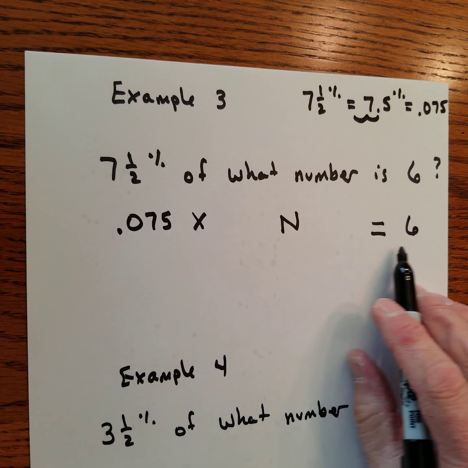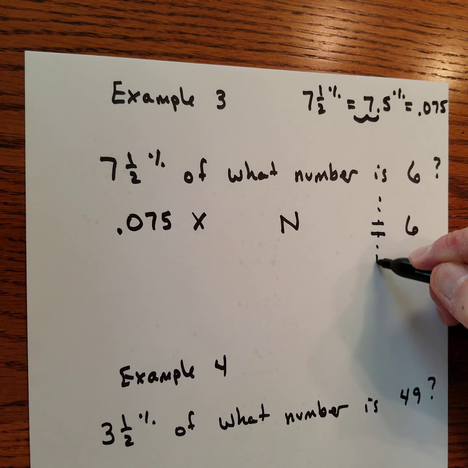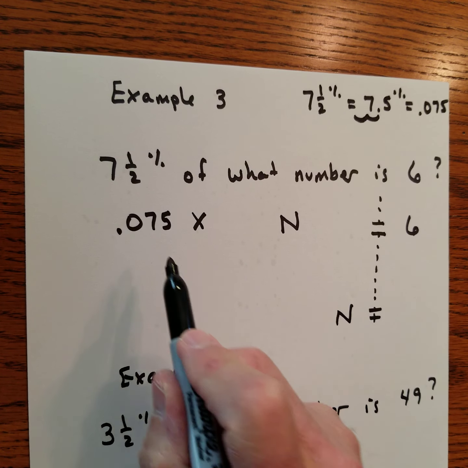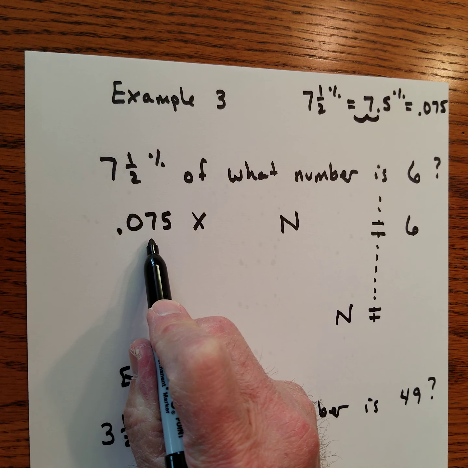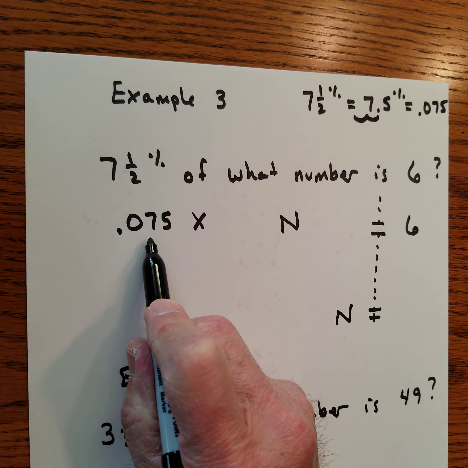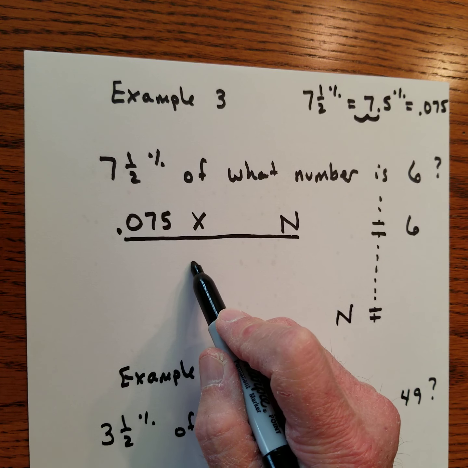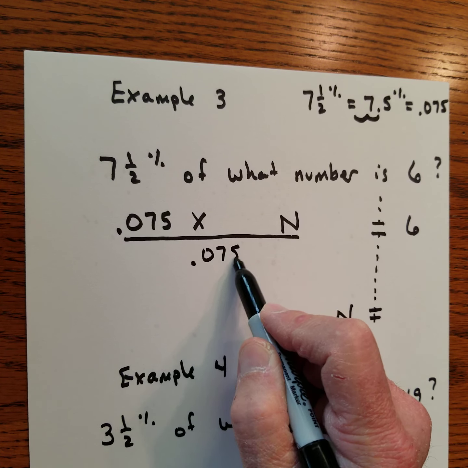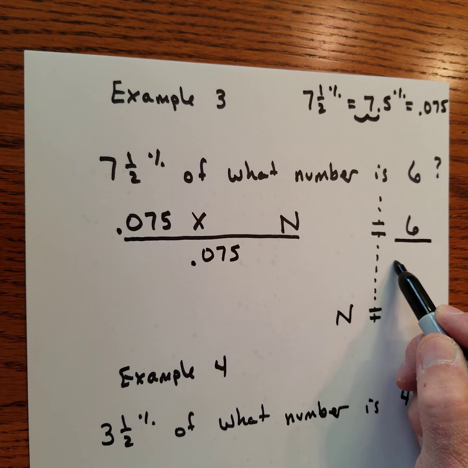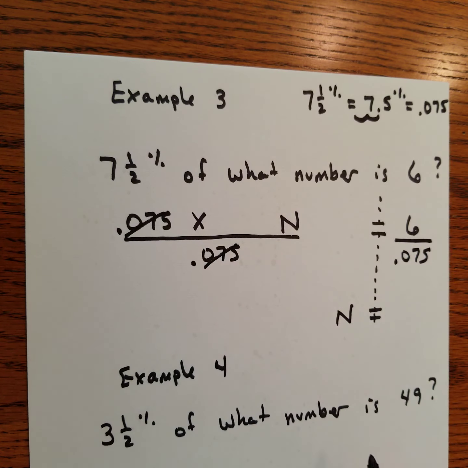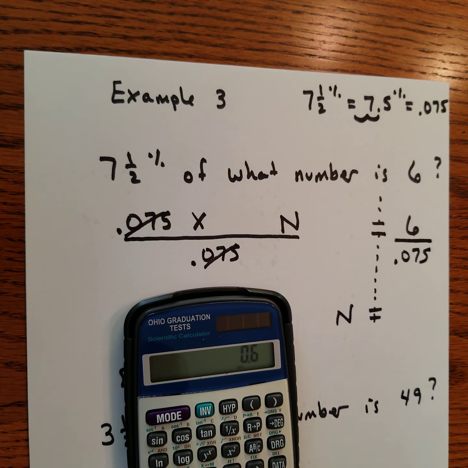Now we must solve that equation for n. If I want to get n by itself, the 0.075 must go away. 0.075 and n are being multiplied. The inverse of multiplication is division. When I do this division, make sure that you type the 6 in first.